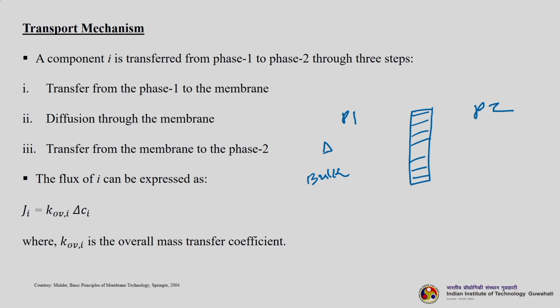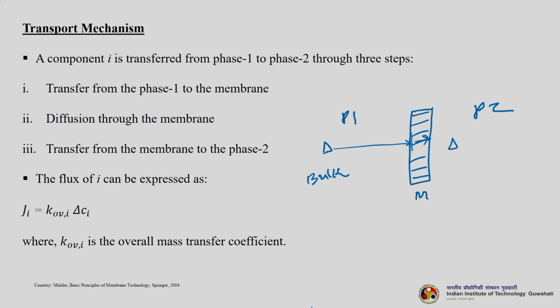It will first move from the bulk and come to the surface of the membrane. It will then sit on the membrane surface, then diffuse through the membrane. Once it diffuses through the membrane and reaches the permeate side, it detaches itself from the membrane completely and comes to the permeate side.